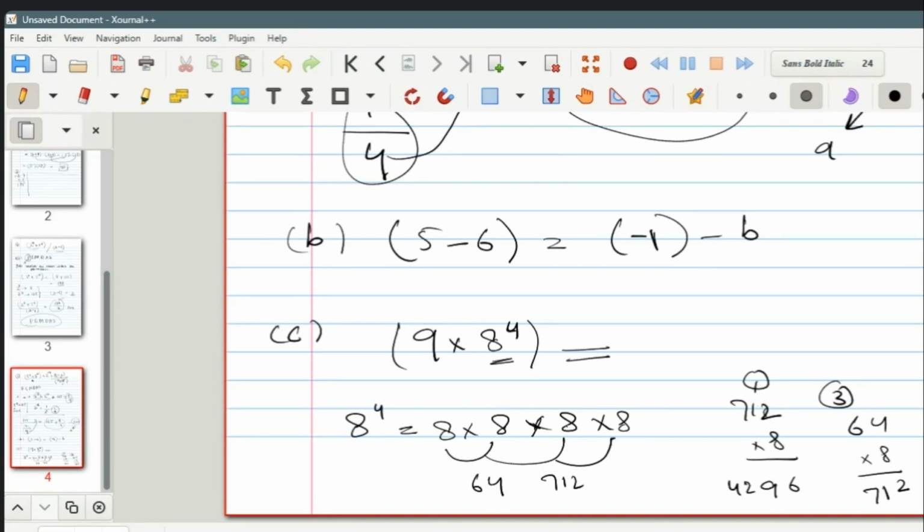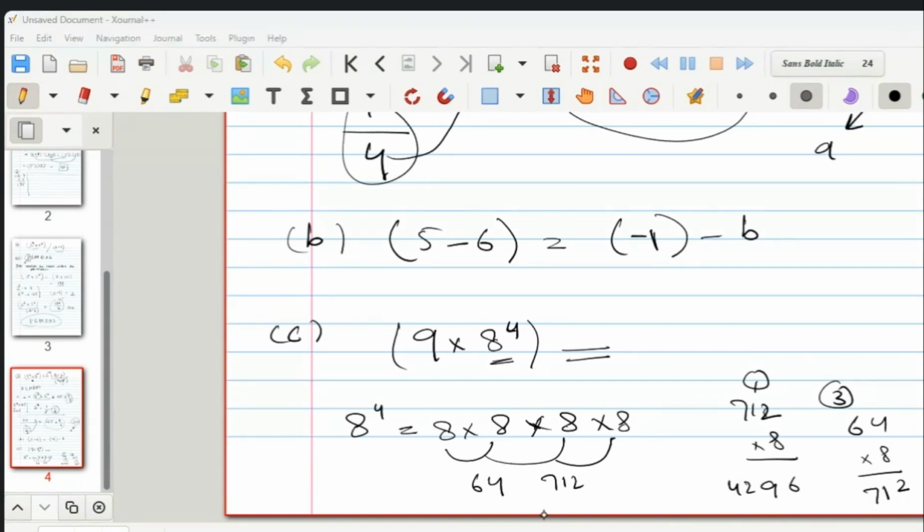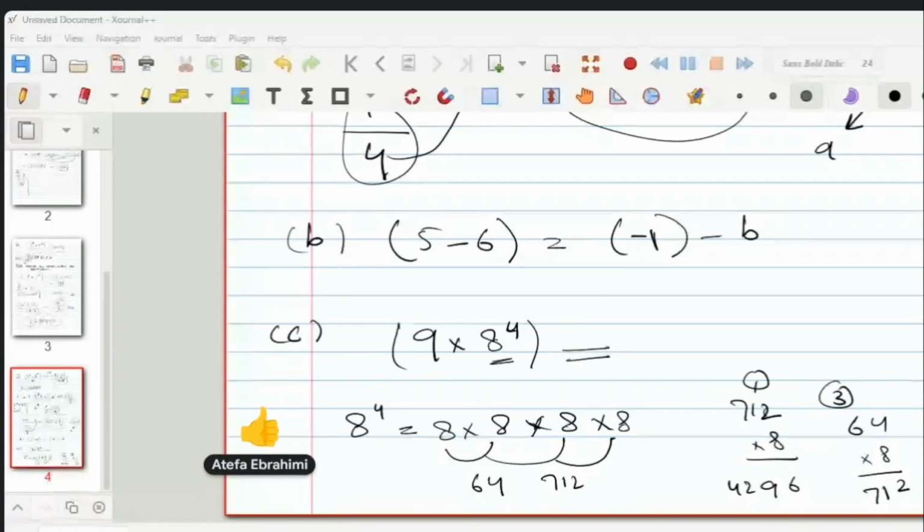Teacher, it is 4096. Are you confirmed with this?